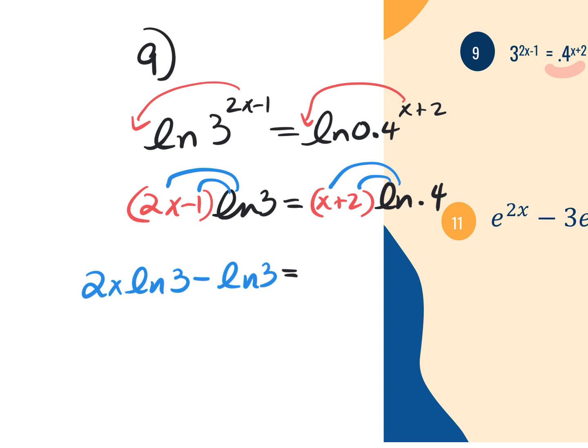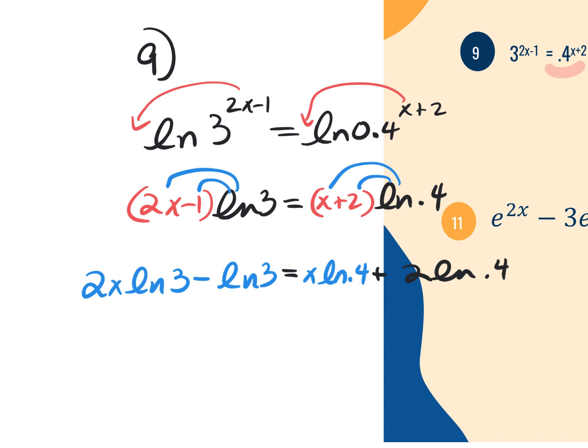Distribute on the other side as well. I end up with x times ln 0.4, and then 2 times ln of 0.4.